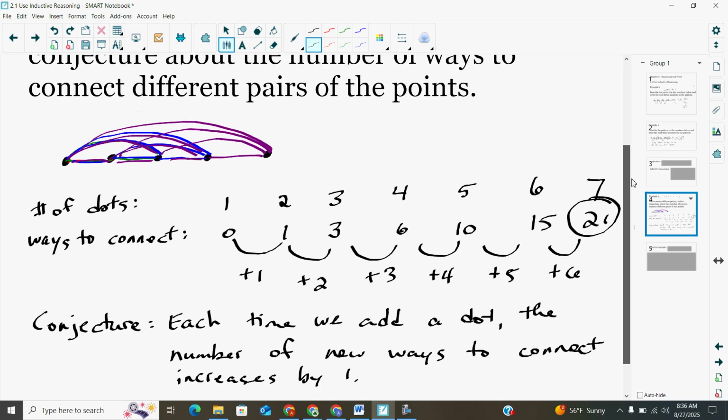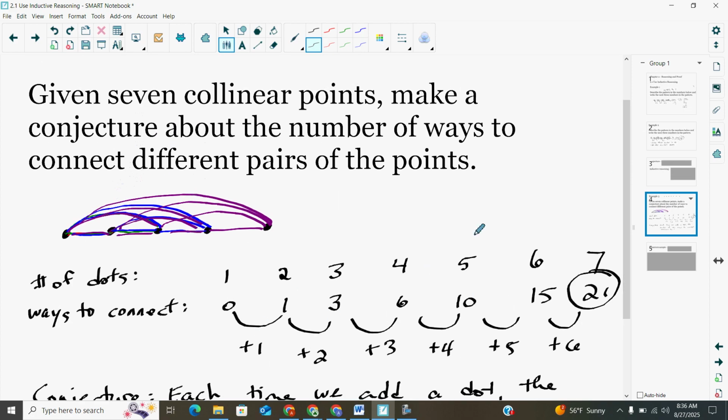If you do think through why this pattern exists, notice if I add one more dot, well, I'd already have all these 10. So the number of new ones is just the number of ways I'm connecting this to these previous dots. And there's 5 of them, right? So I have 5 new ways. 1, 2, 3, 4, 5.